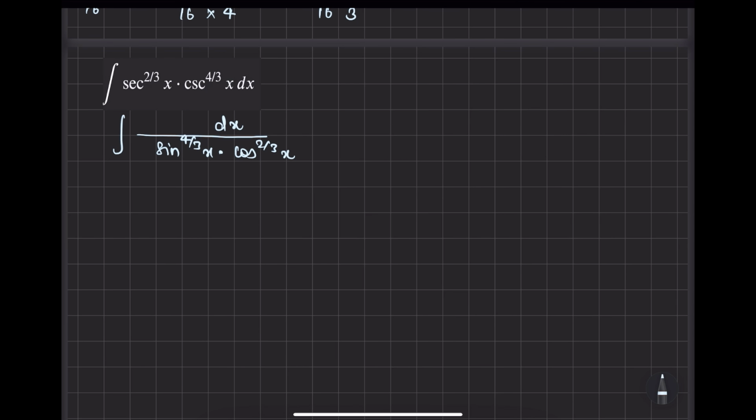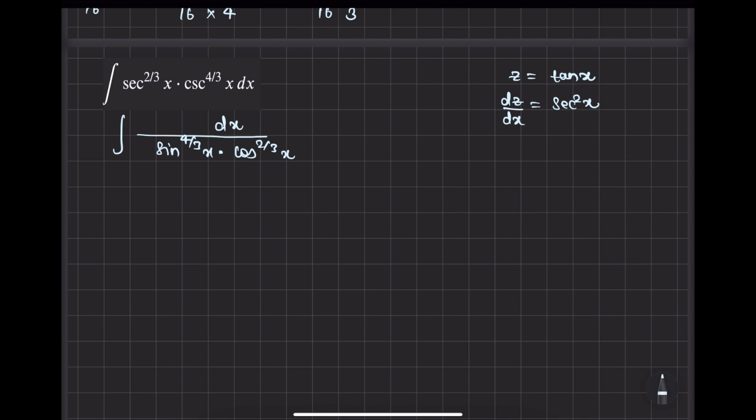Now case number 3: if both are having power even, then we used to convert it into higher angles. Correct? We cannot do that here as well, so we will be taking the otherwise case, z as tan x. So for this question we will be taking tan x as z. So do the differentiation, dz by dx equals sec square x.